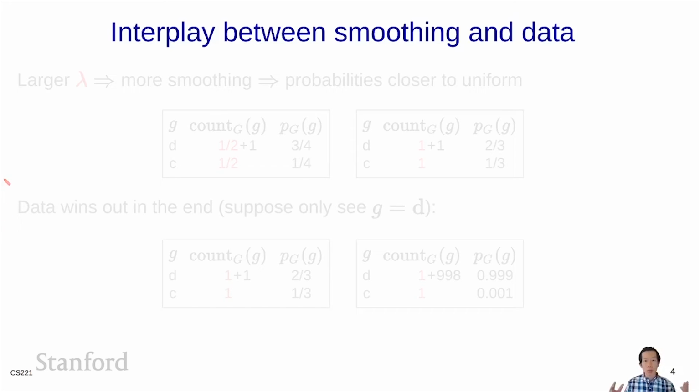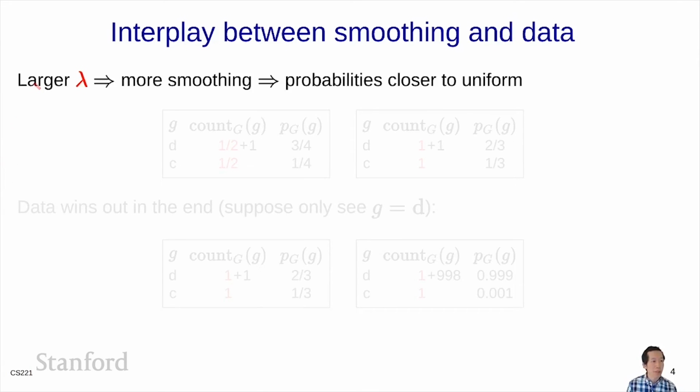So how much should lambda be? How much smoothing should we have? And how does it interact with the data? There's 2 observations I want to make. First is that the more you smooth, which means the bigger lambda is, the closer you push the probability estimates to the uniform distribution.